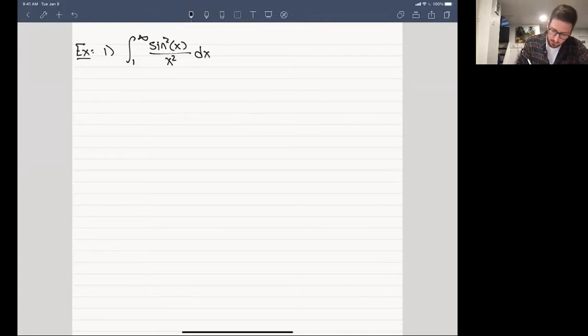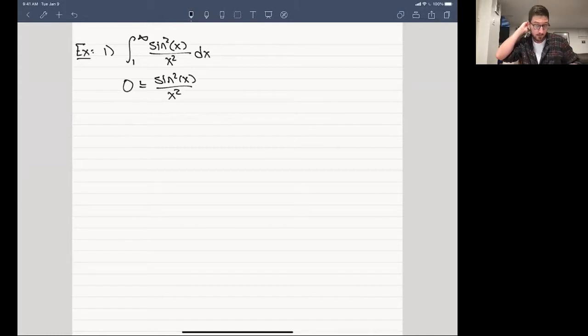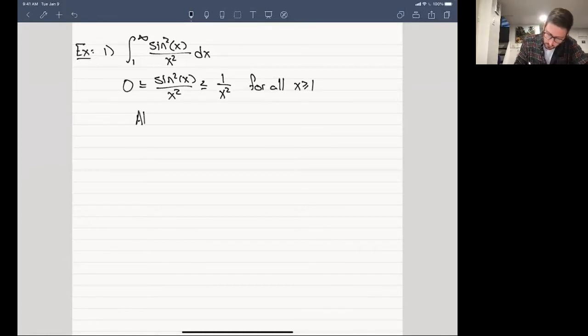I'm going to write if it converges or diverges in red off to the right here, but let's do the comparison underneath. The first thing is, this thing is positive because I've got a sine squared and an x squared. And also, sine squared is between 0 and 1, which tells me this thing is no bigger than 1 over x squared for all x greater than or equal to 1. Also, from the work that we did 2 videos ago, we know that this integral converges.